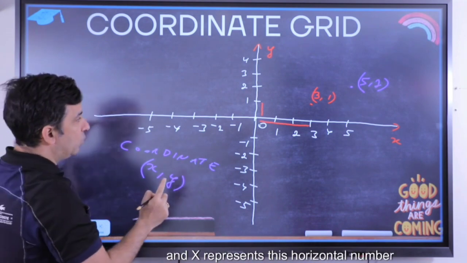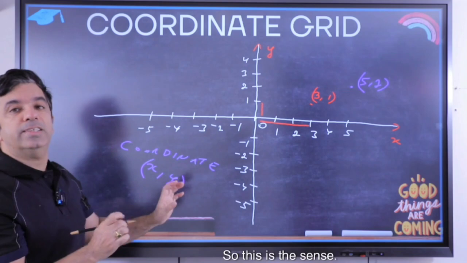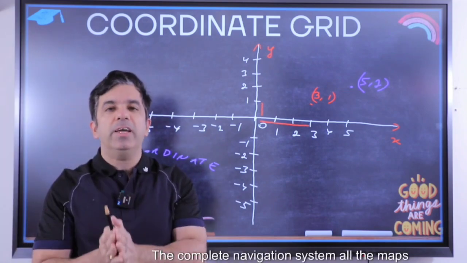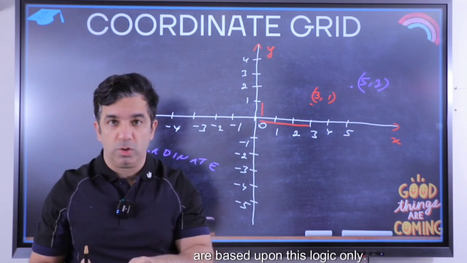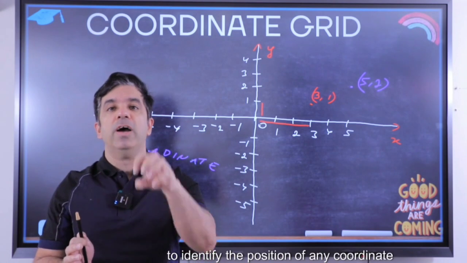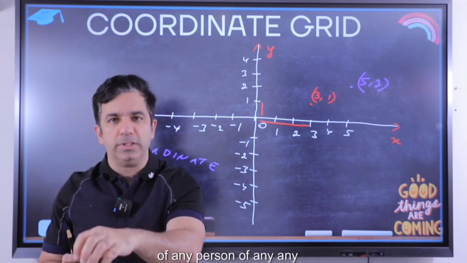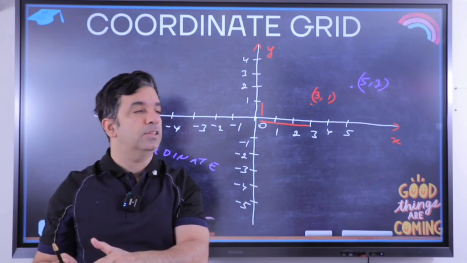And x represents this horizontal number line and y represents this vertical number line. So this is the sense. The complete navigation system, all the maps are based upon this logic only. It is through this process that we are able to identify the position of any person, of any place or anything. So that is the base.